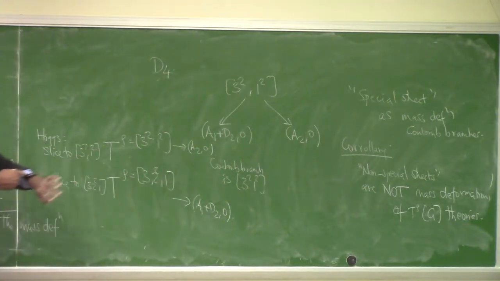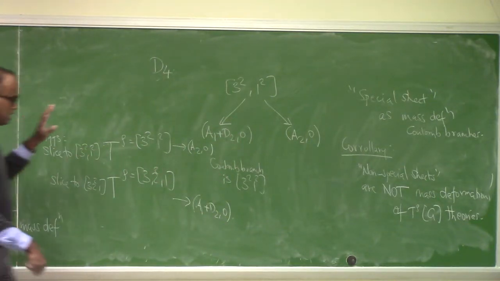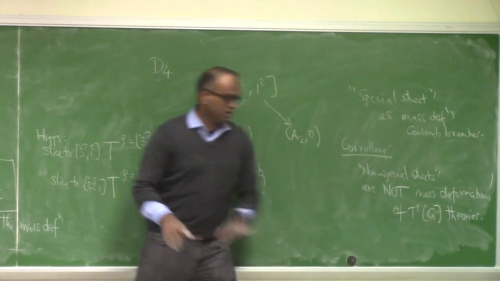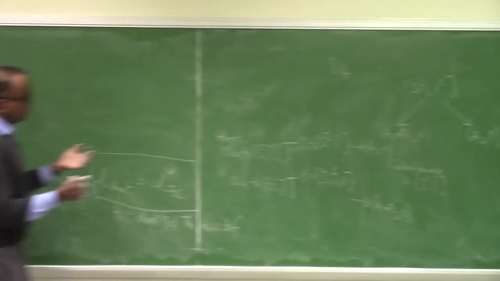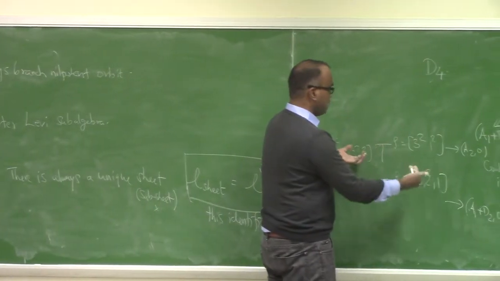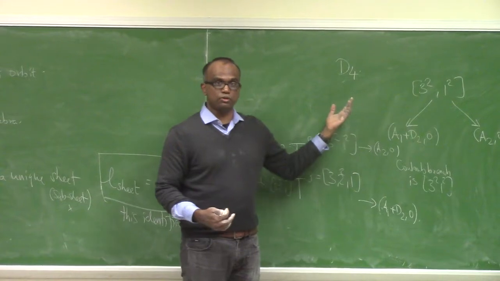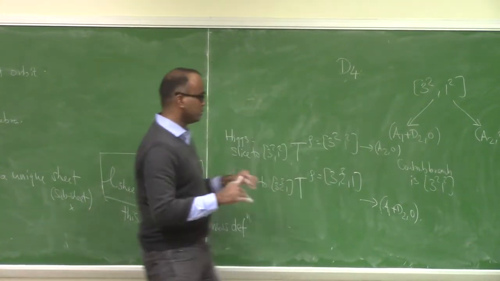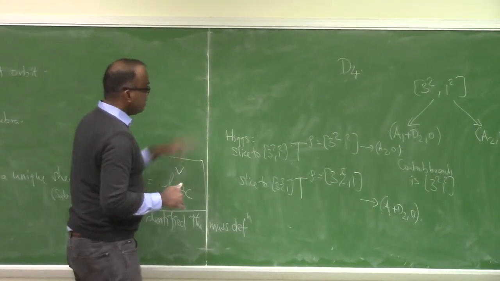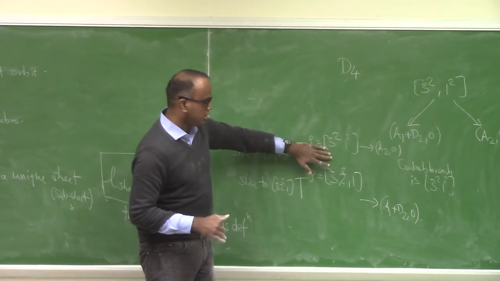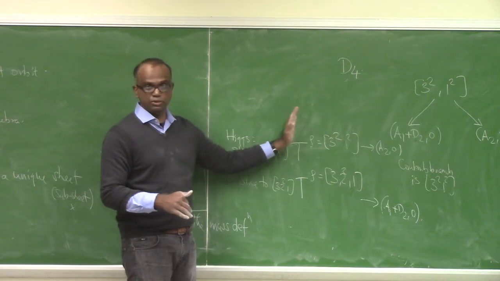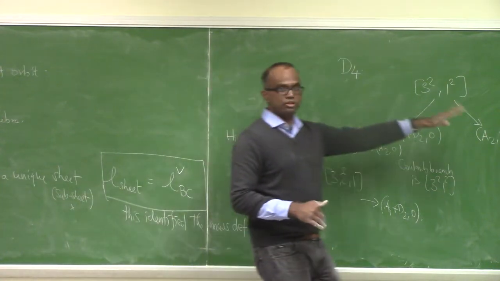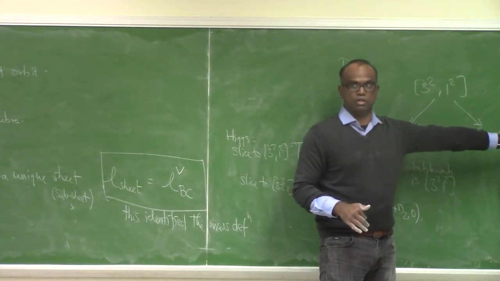So I can't really do justice to symplectic duality, but let me say in a few short words that a physics interpretation of symplectic duality is about how Higgs and Coulomb branches get paired up for particular 3D N equals 4 theories. Justin can tell you a lot more about it, but for these particular T rho G theories, we are seeing that there's a pairing between slices on one side, which are the Higgs branches, and sheets on the other side, which are the deformed Coulomb branches.